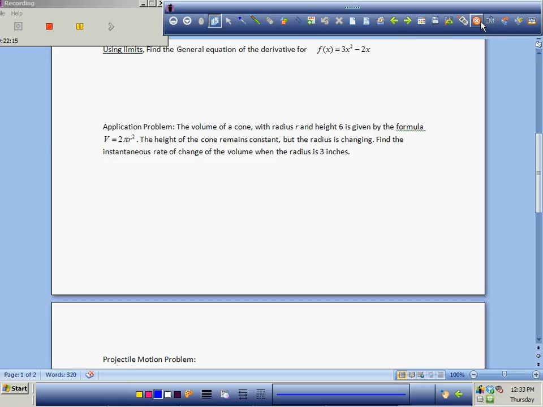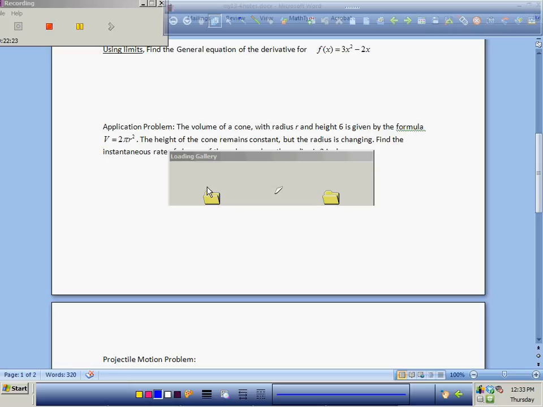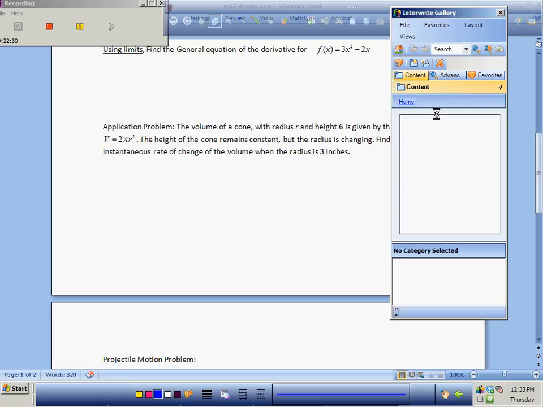Oh, watch this. Where's my gallery? See this thing? No, where's that thing? Gallery. Watch me go. I want to show you something cool. Uh-oh. Content. It's going. There. Math. Geometry. 3D figures.